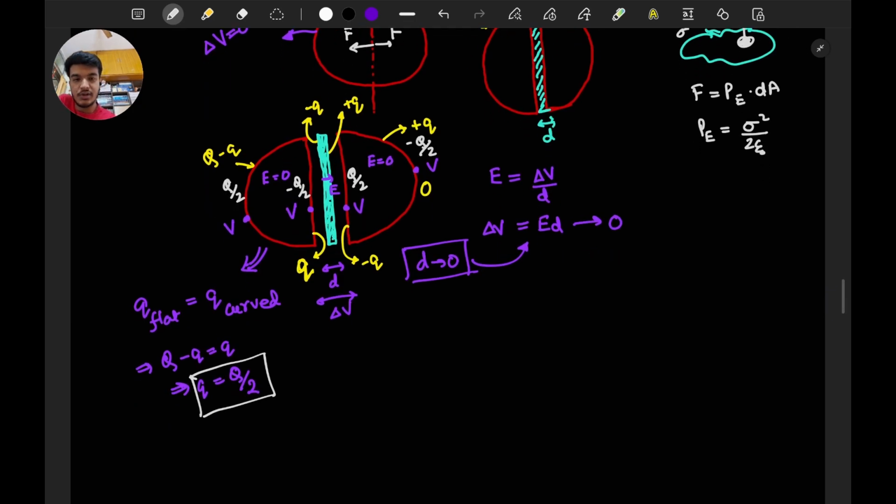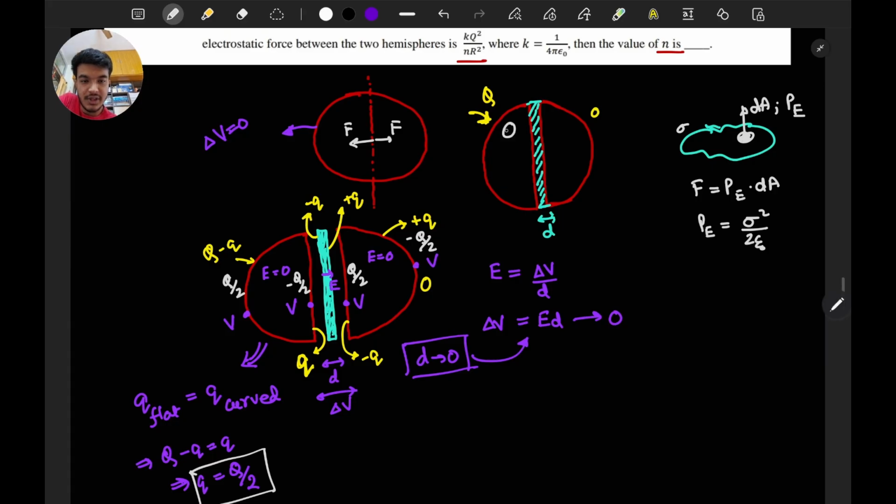Similarly, for this part, if I take a patch here dA, the area vector would be somewhere like here. So it will have two components, a horizontal and a vertical component. And similarly, if I symmetrically take another patch here in this direction, it would have a horizontal and a vertical component similarly.